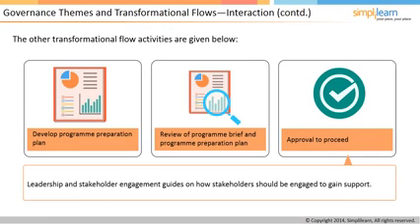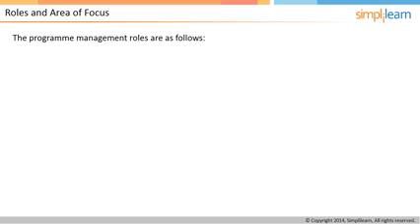Finally, for approval to proceed, leadership and stakeholder engagement and organization themes guide us on who should be involved in approval process and how they should be engaged to gain support. We will further know more about these in Lesson 4, that is, Program Organization, and Lesson 6, that is, Leadership and Stakeholder Engagement. In the next screen, we will identify the roles and their area of focus for governance themes.